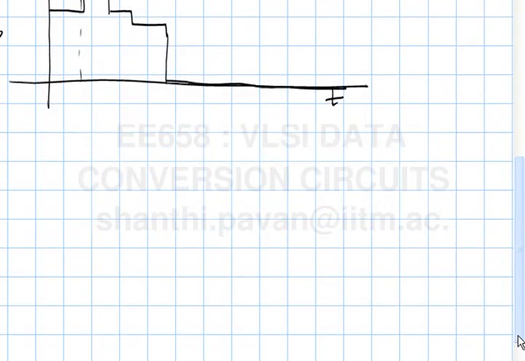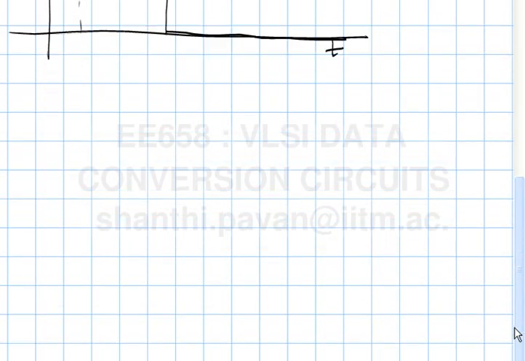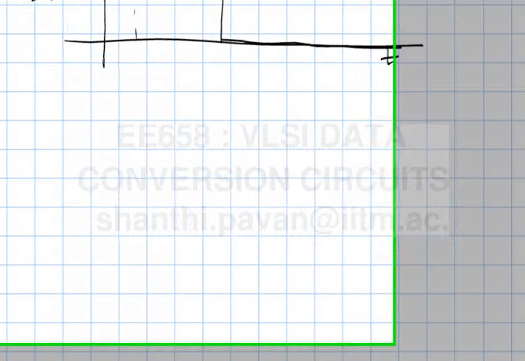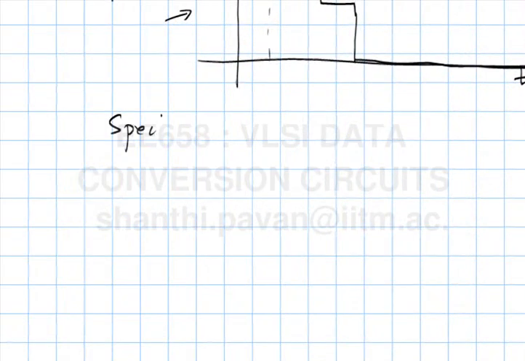The next thing is that since we are interested in sampling a signal before we quantize, it's fair enough that we wish to find out what the spectral properties of the signal are when it's sampled, when compared to the signal that we are sampling. Spectra of sampled signals.